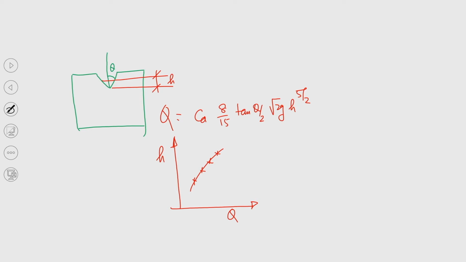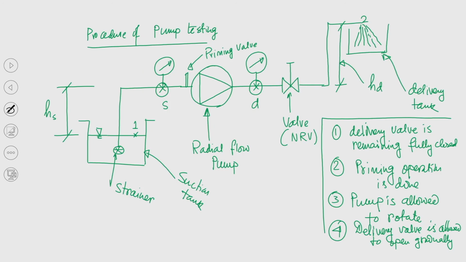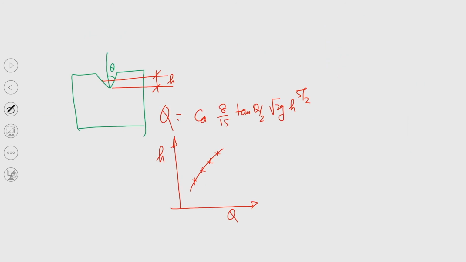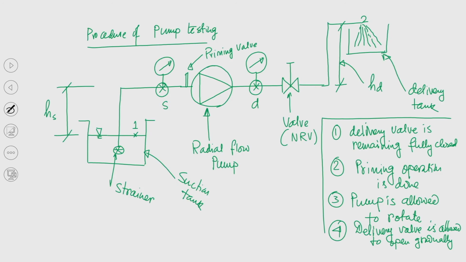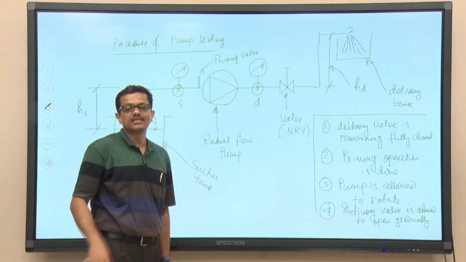Anyway, the objective is that if we allow this discharge liquid to pass through the V-notch weir, and the height of the liquid through the V-notch is h, and we know the angle theta and C_d, the coefficient of discharge, we can calculate the flow rate. So, we can open the valve gradually, measure the flow rate from the V-notch weir, also measure the pressure difference across the pump, and obtain H, the total head being developed by the pump. That way we can generate the H-Q curve, right.